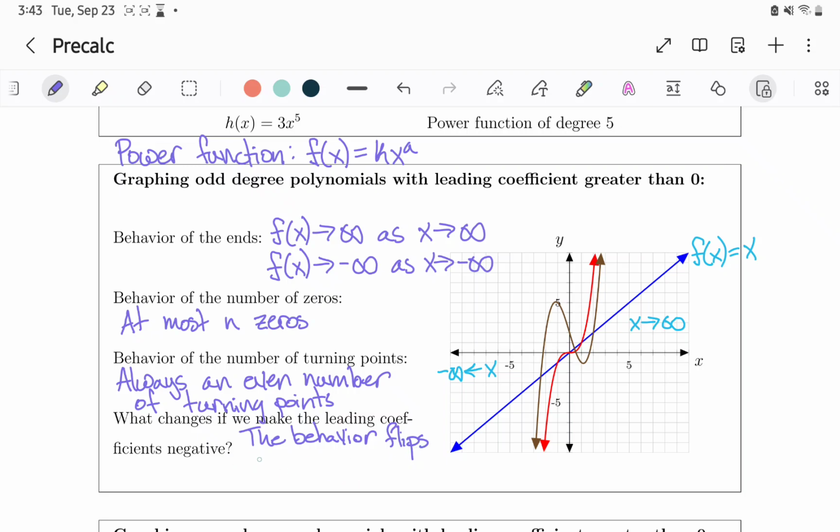Which means f of x goes to minus infinity as x goes to infinity, and f of x goes to infinity as x goes to minus infinity.